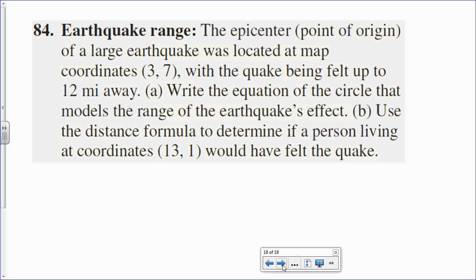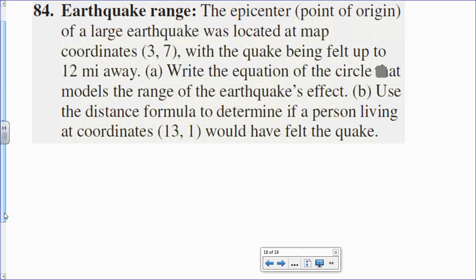Okay, so we have the center of this earthquake. So that's going to be the center of our circle. We'll sketch that. So it doesn't ask us to graph it. So here's the center. And then it says it can be felt up to 12 miles away.